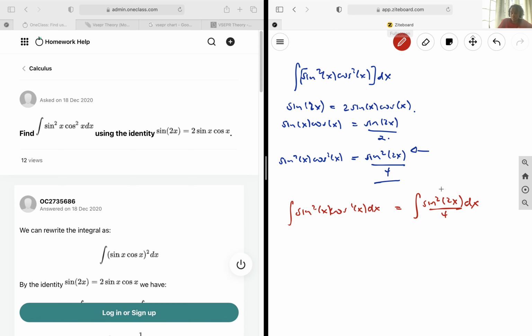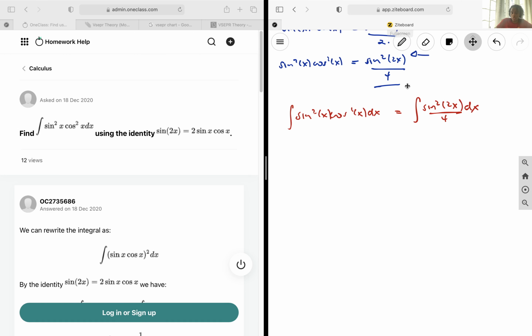And then we're going to simplify this further by getting rid of the sine squared 2x, and we're going to be using the formula that sine squared of x is equal to 1/2 times 1 minus cos 2x.